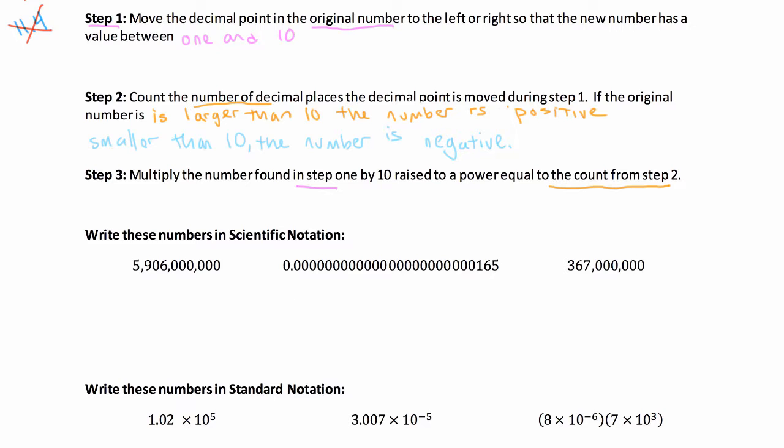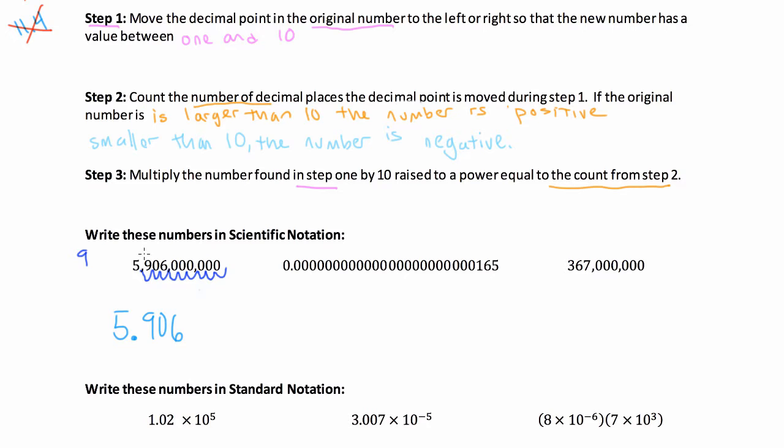5,906,000,000. So I'm going to move that decimal point to the left. Starting here, so I go 1, 2, 3, 4, 5, 6, 7, 8, 9. So I moved it 9 places to the left. So now my number A is 5.906.